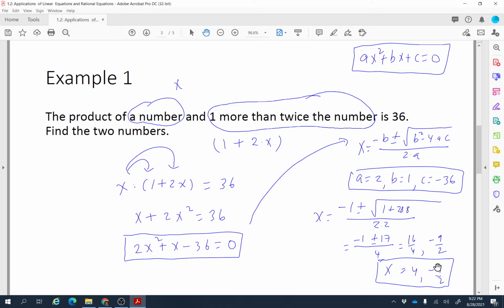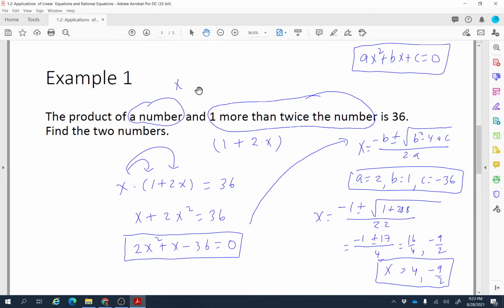So both of these solutions will satisfy this statement. For the product of a number and one more than twice the number, the two numbers are 4 and 9, which give you 36, and in the other case, negative 9 over 2 and negative 8 also give you positive 36. So there are two solutions for this problem.